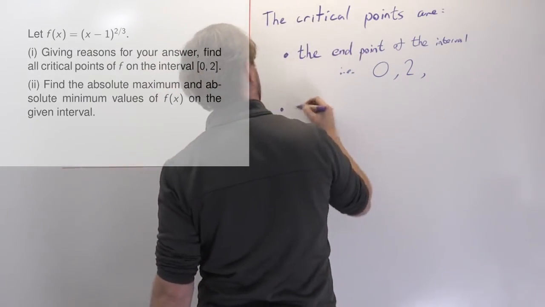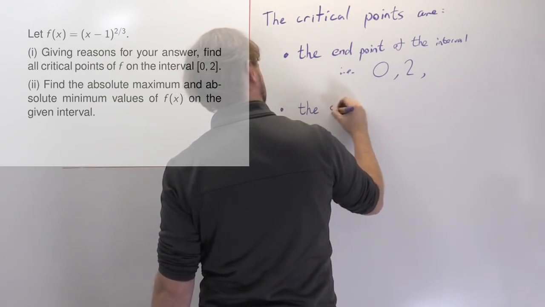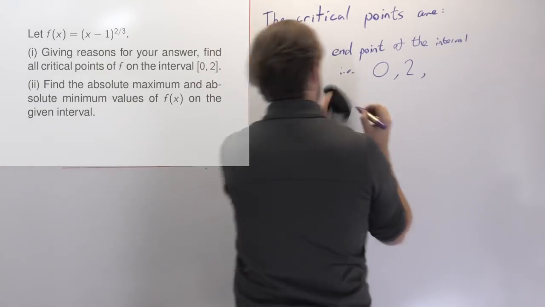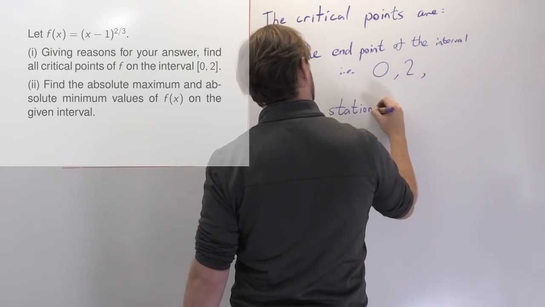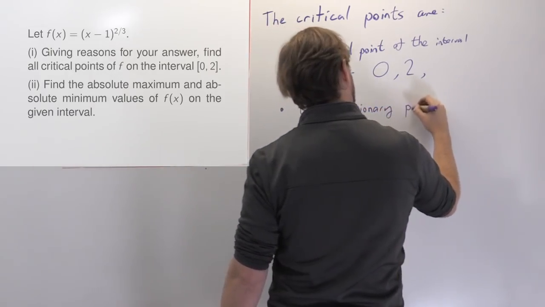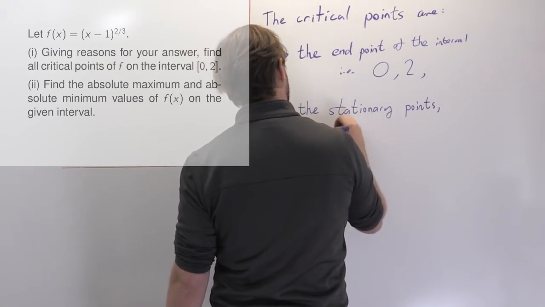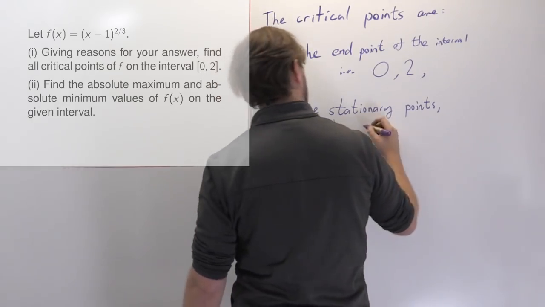The other type you can run into are the stationary points, i.e., we're going to have that f prime of x is equal to 0.